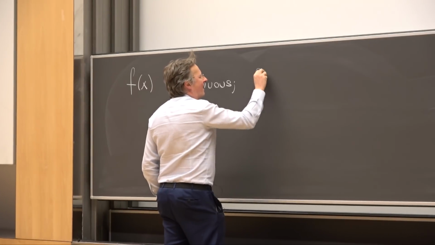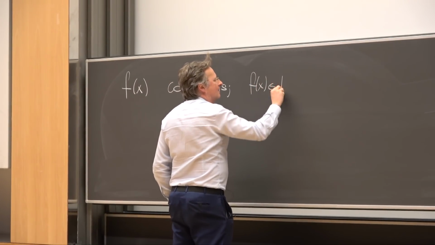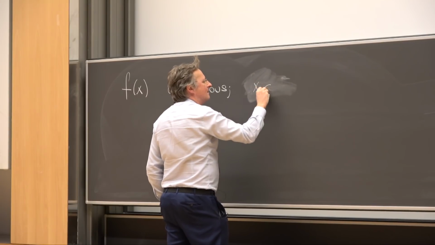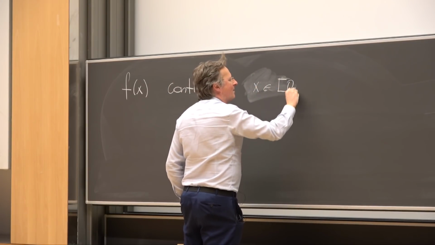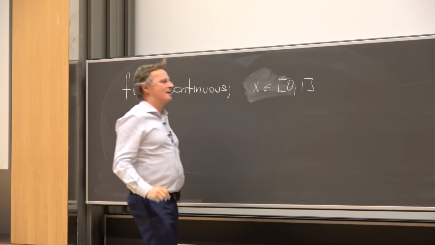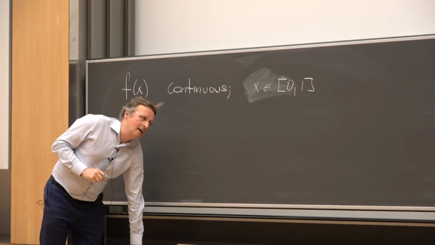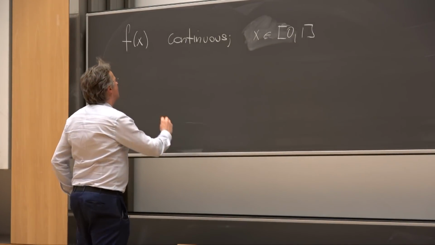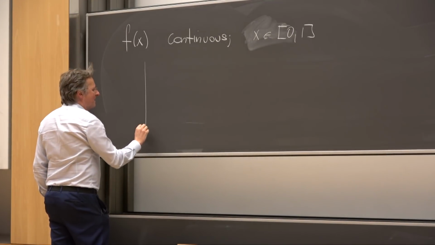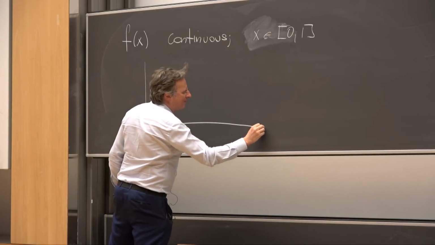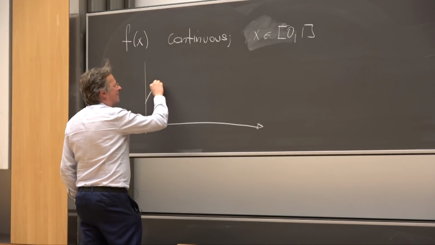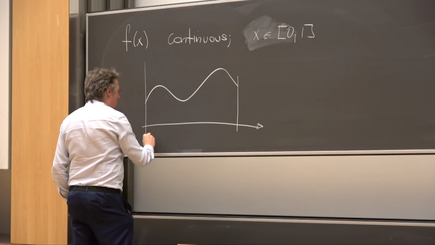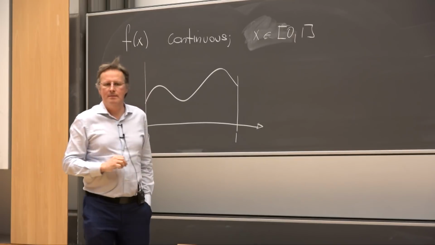So this f of x, the domain here is just one-dimensional, and so we might as well assume it's 0 and 1. And we said that any such function can be approximated by a piecewise linear function. So let's assume this is my function here. This is 0 and 1.